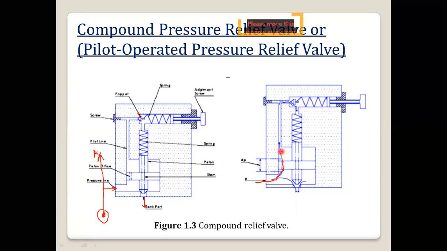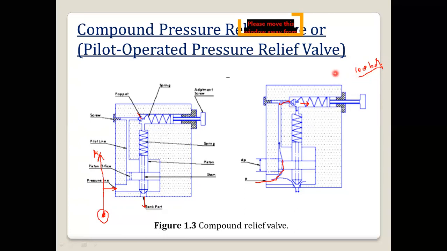From the piston orifice, it will push the poppet to the right side. When will this pressure push the poppet? When the preset level of pressure is reached. Like I said, 100 bar is the preset, the preset maximum pressure level.